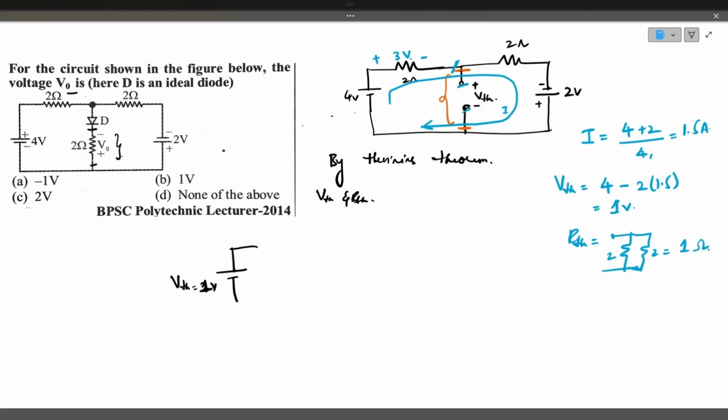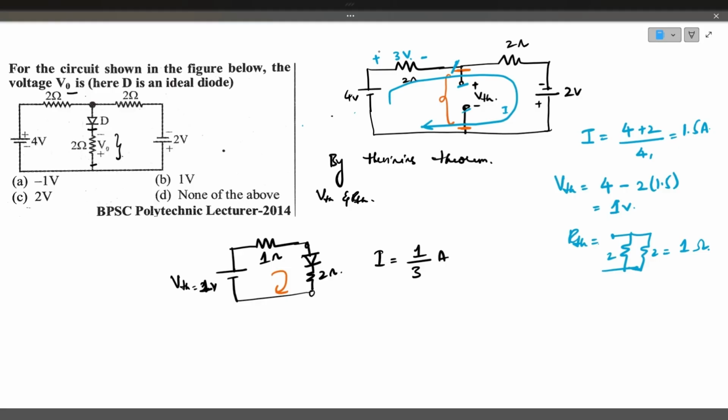This is R Thevenin, that is 1 ohm. And connect the branch, that is the diode and this 2 ohm resistor. Now you find out the current in this circuit. I is equal to 1 divided by 3, because the diode doesn't have any voltage drop or resistance, as the diode is ideal. So this is the current.